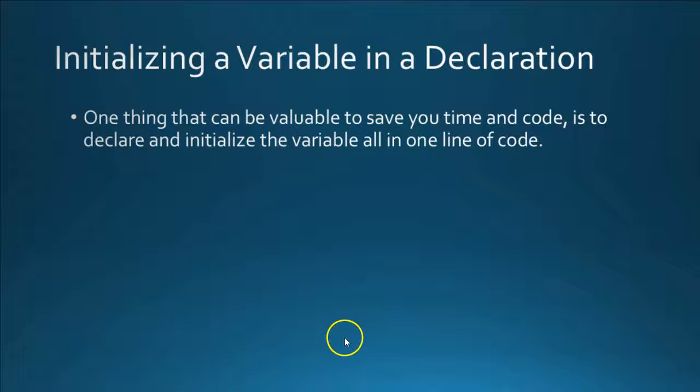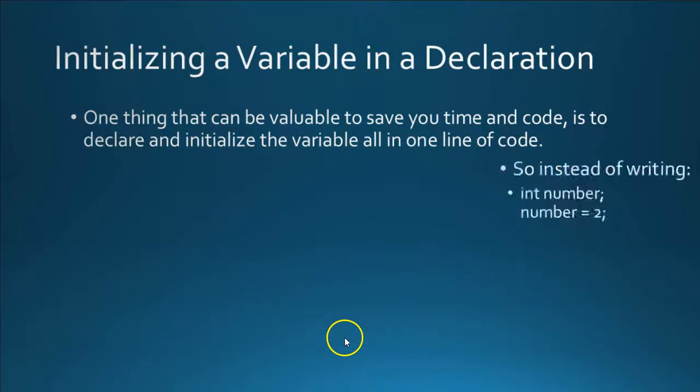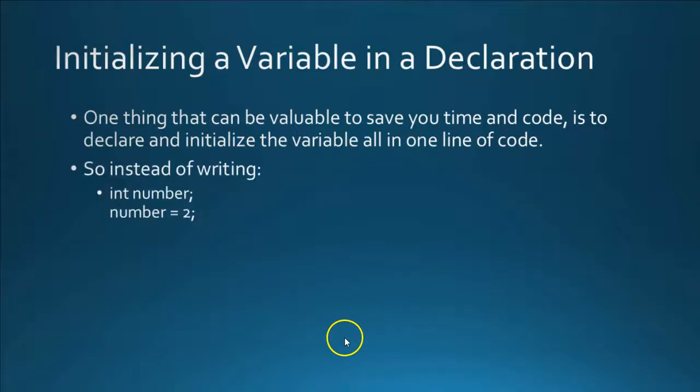All right, initializing a variable in a declaration. One important thing that we can do to save us time of code is declare and initialize the variable all in one line. So this is going back to the stuff I've kind of already mentioned, but let's look at it. Instead of writing int number and then number equals 2, how many lines of code is that? 1, 2. Let's condense that down into one line of code. Int number equals 2.